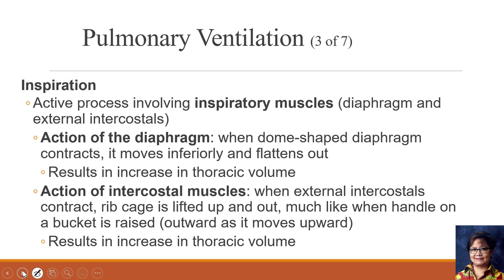Okay, so the action of the intercostal muscle moving the rib cage out, and the diaphragm flattening, is enlarging the volume of the thoracic cavity. When it enlarges the volume of the thoracic cavity, the pressure inside the thoracic cavity will now become lesser than the atmospheric pressure. So what's going to happen if the pressure inside the thoracic cavity is lesser? Well, just by law of diffusion, you open your mouth and air rushes into your thoracic cavity.